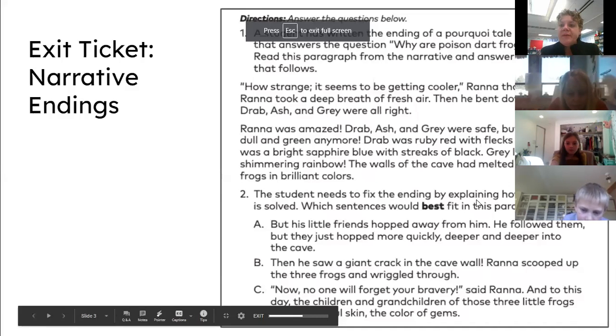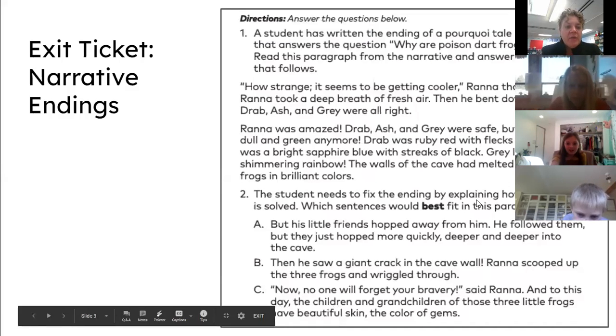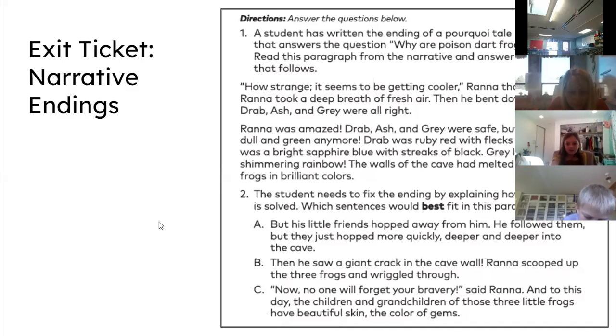But before we get to the why part, we need to go ahead and open that workbook. We are going to do another little quiz about what the end of a story might have to it. In your workbook, it is page 21.